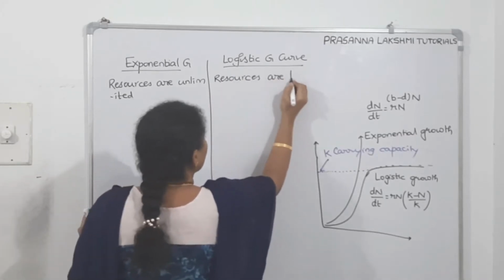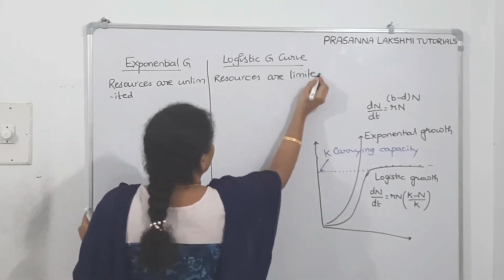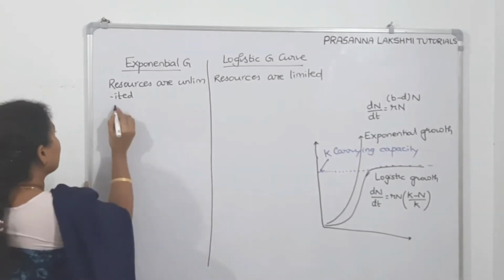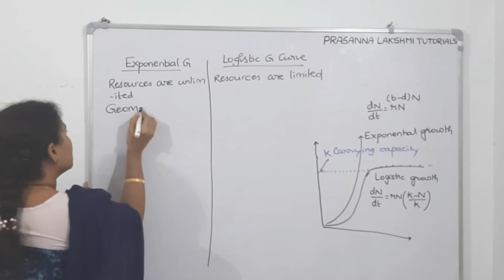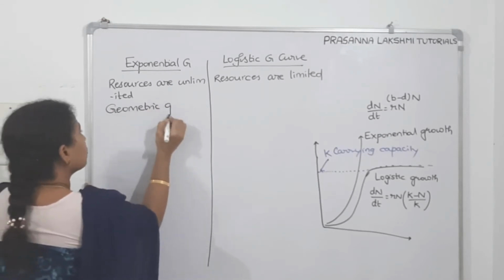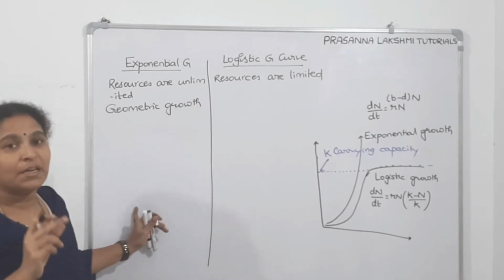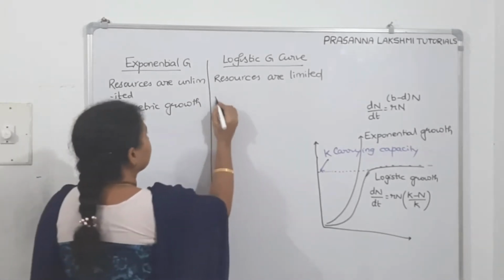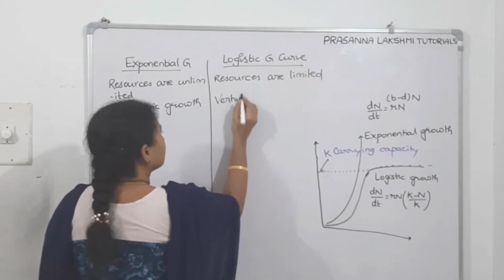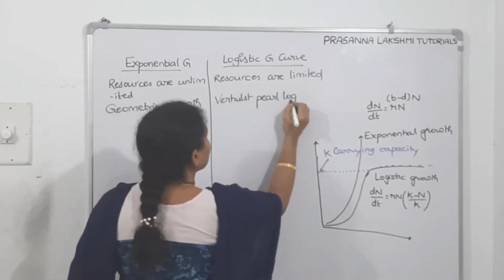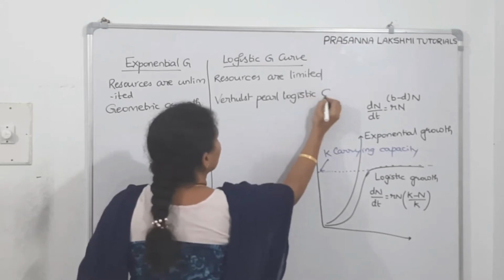Exponential growth is also called geometric growth, right? Whereas the logistic growth curve is called Verhulst-Pearl logistic growth.